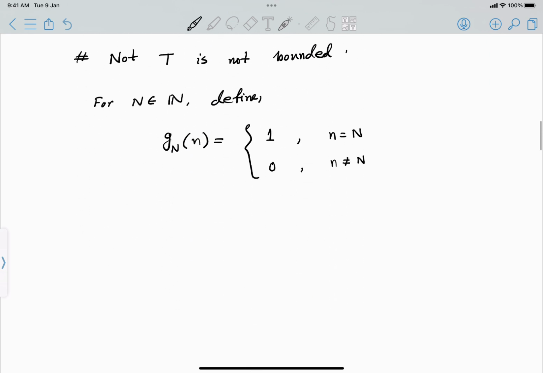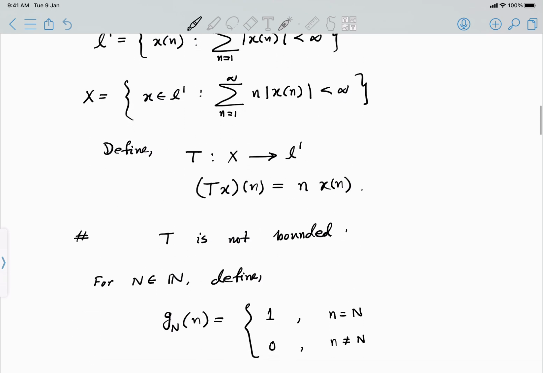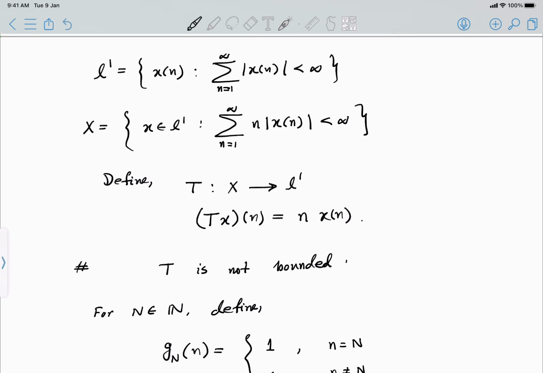Note that gN is in X, because it is non-zero at only one point, so it obviously satisfies this condition.